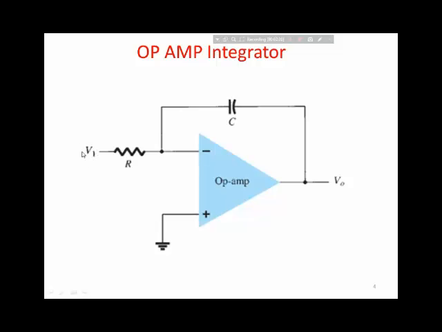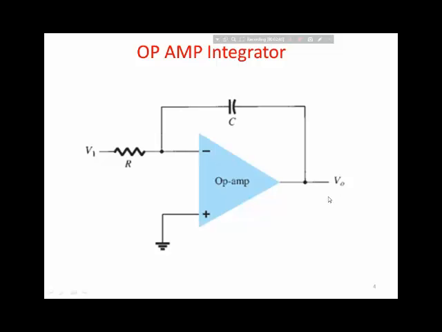So whatever the input signal is, if the input is a sine wave, then you will get the integration of sine, which is minus cos. If you apply, for example, a constant at the input, which is DC, then the output will be a function of time t.